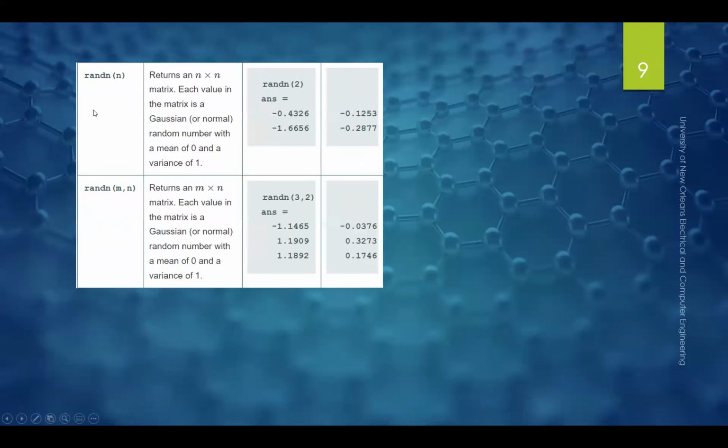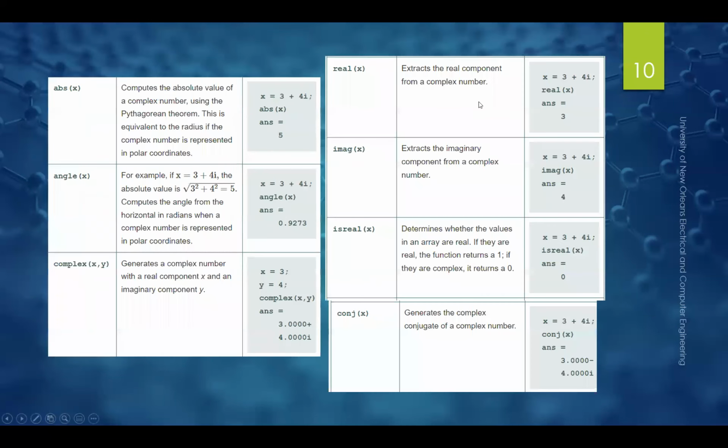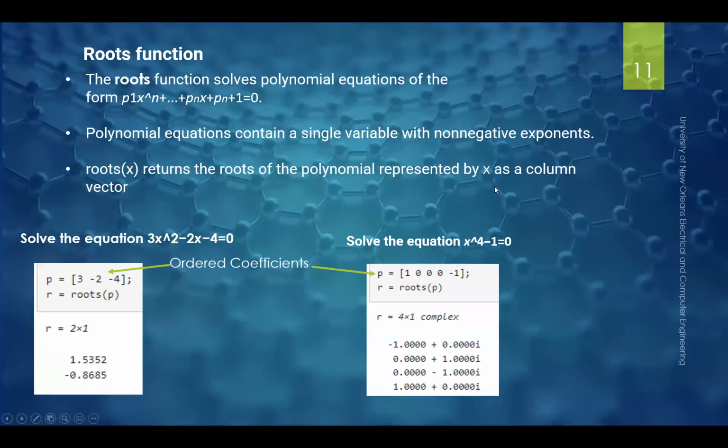We've used already the randn to generate random numbers, right? We also have used the abs, the angle, and the complex when we were dealing with complex numbers. And some of the things you can do, like the conjugate, to get the imaginary part, the real part, and so forth. So again, this is mostly for your reference, okay?